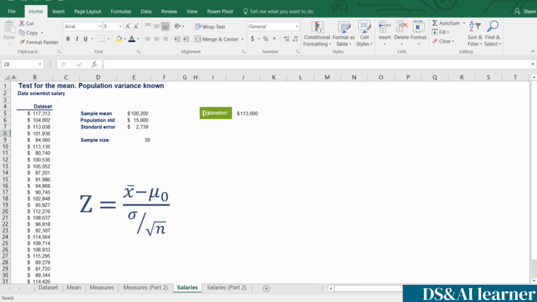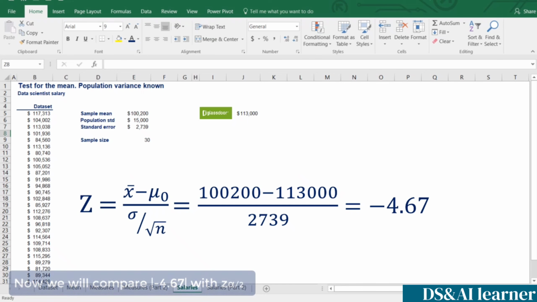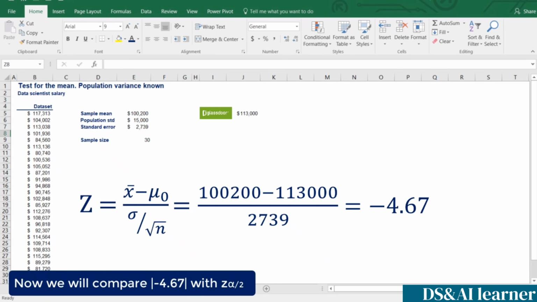So, what is the value of our standardized variable? We plug in the numbers that we have from the beginning of the lesson. What we get is a z-score of minus 4.67. Now we will compare the absolute value of minus 4.67 with a lowercase z of alpha divided by 2, where alpha is the significance level.